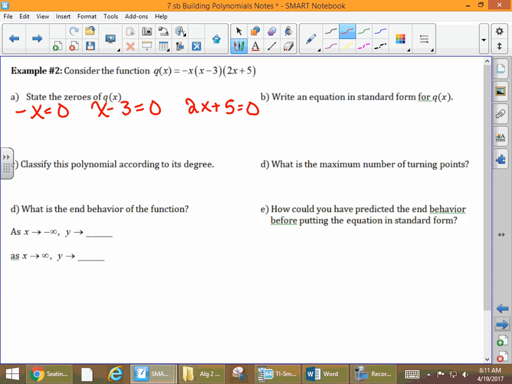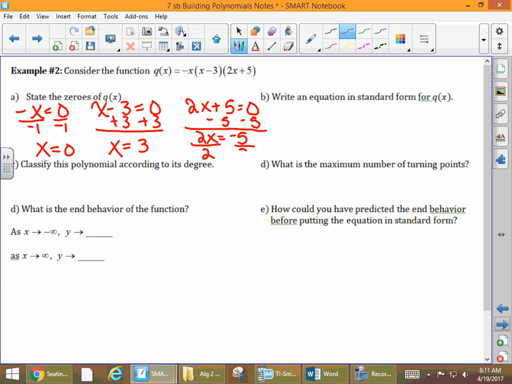Well, when we divide both sides by negative 1, we get x equals 0. When we add 3 to both sides, we get x equals 3. And over here, when we subtract 5 from both sides, we get 2x equals negative 5, and divide both sides by 2.